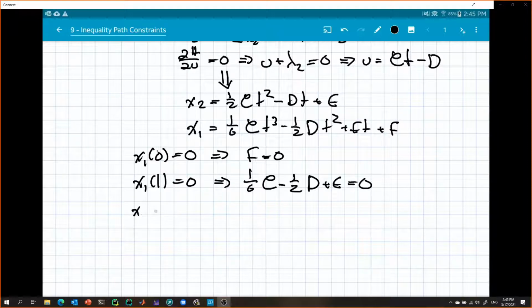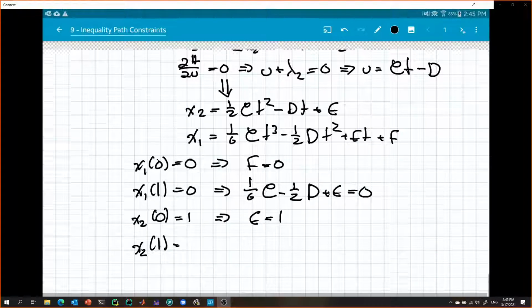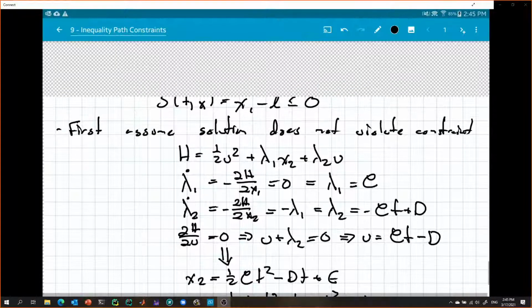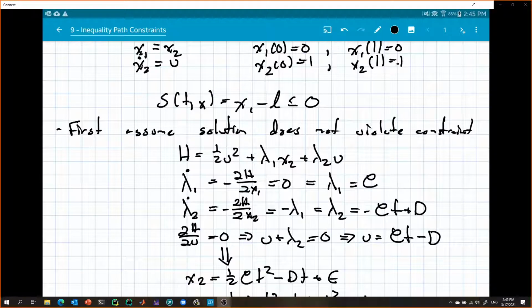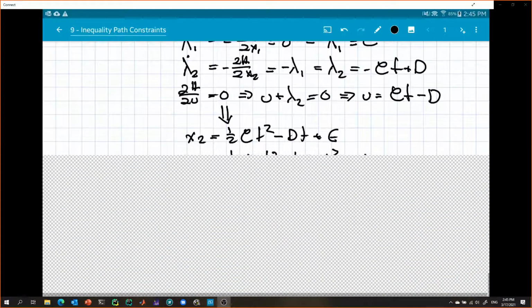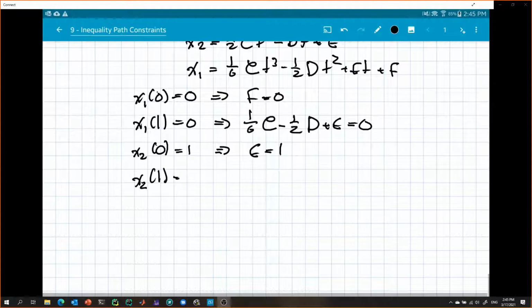We also get constraints on x2, so x2 at 0 is equal to 1, so then we know that e is equal to 1, and likewise x2 at 1 is equal to, well, I guess this is a negative 1 up here. I mislabeled this. Apologize about that. So this is equal to negative 1.